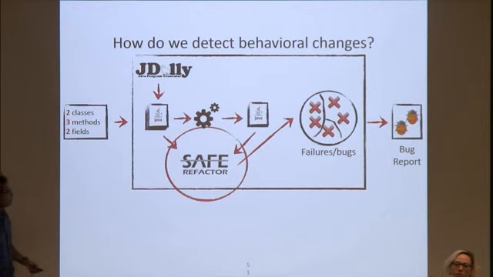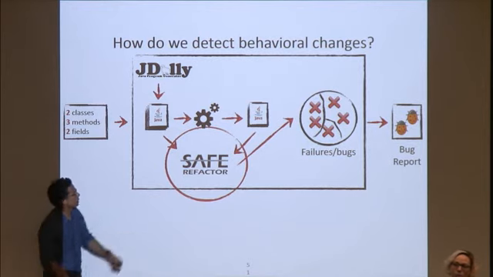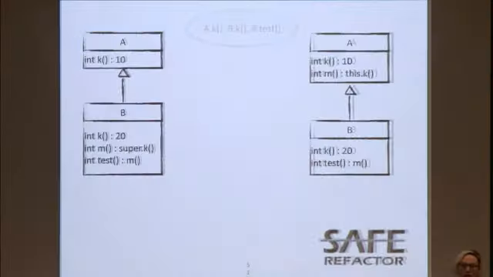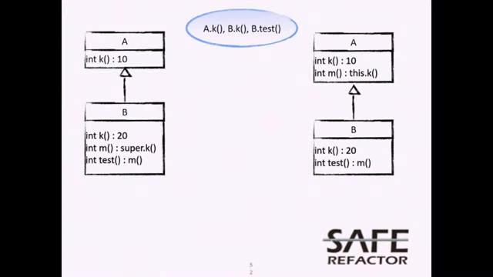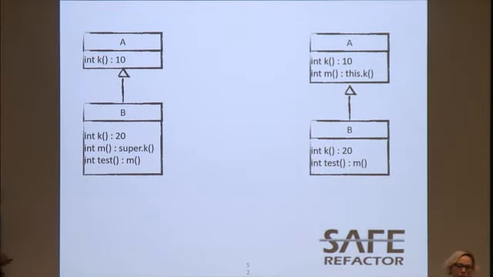And now I'm going to talk about how we automatically generate tests for testing the input and the output. So SafeRefactor receives the original version of the program and the edited one.